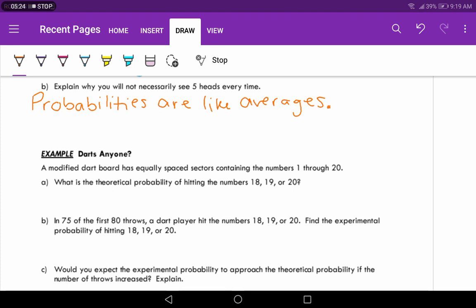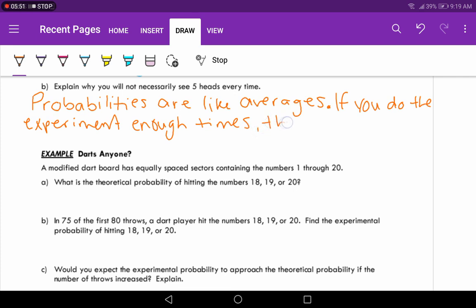If you just do an experiment one time, it's actually more likely that you won't get the exact probability. But if you do the experiment enough times, the experimental probability will actually get closer to the theoretical probability.